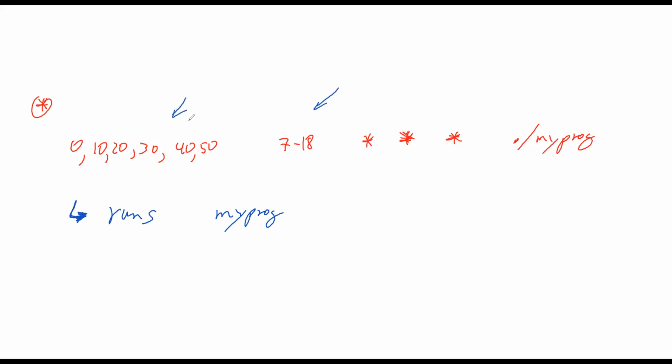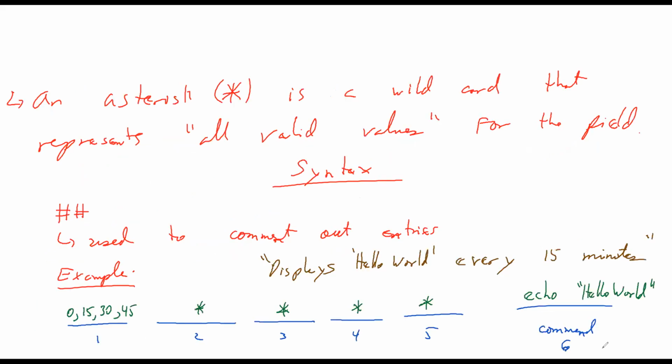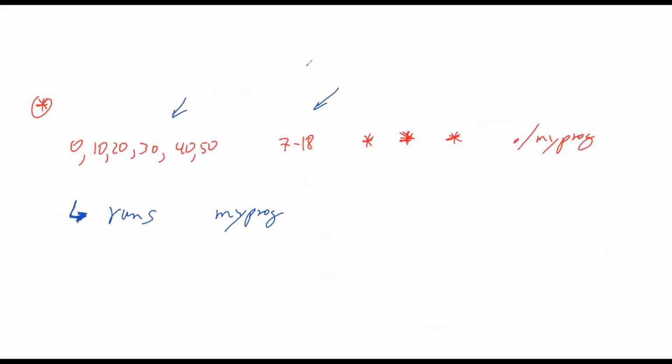So let's take a look back over here. Minutes and hours. Those are the two ones that we have defined. So this is minutes, and this is hours in military time. So what do you think? Run my prog.